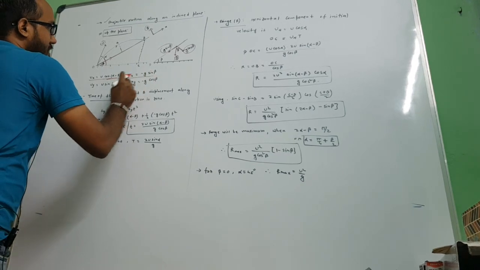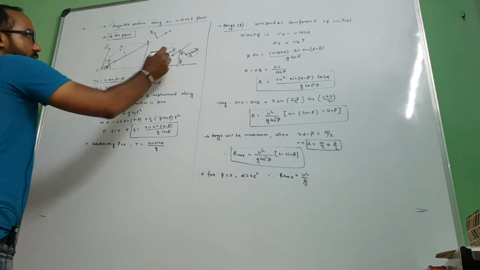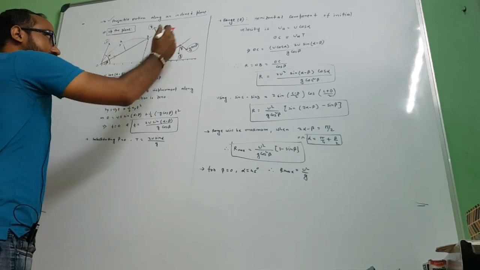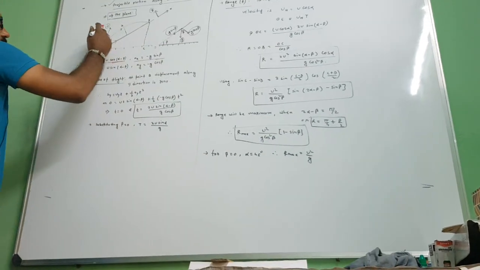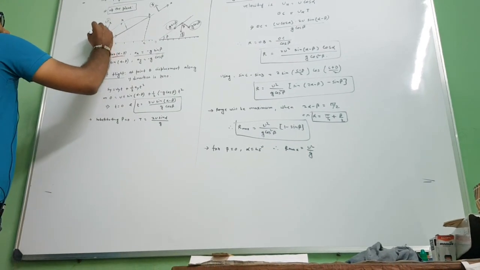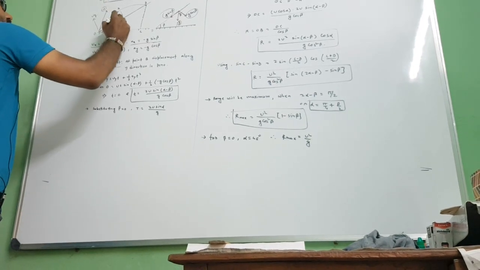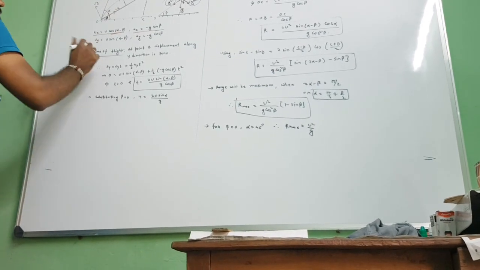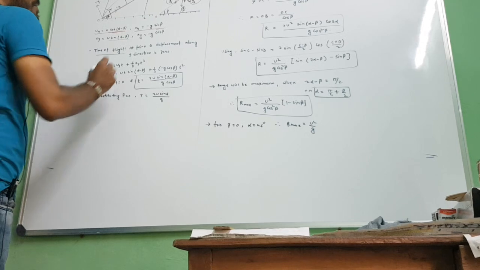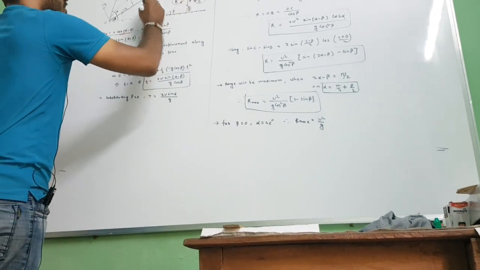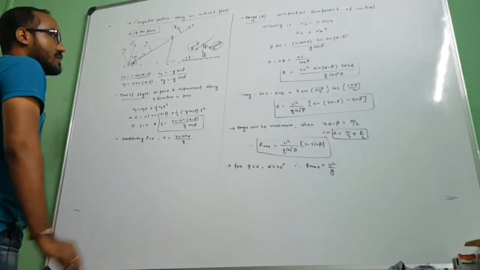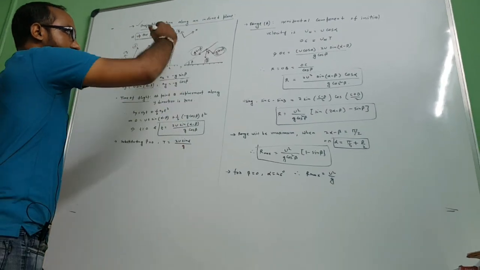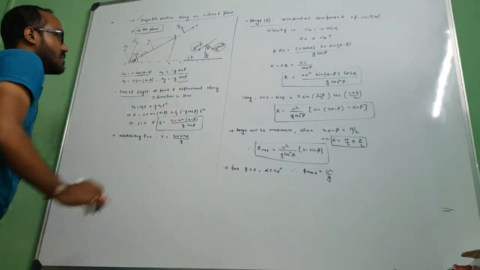What would be the acceleration along the plane? It is g sin beta, but in the negative x direction, so ax is minus g sin beta. What would be uy? u sin(alpha minus beta). And ay is g cos beta in the negative y direction, so it is minus g cos beta.